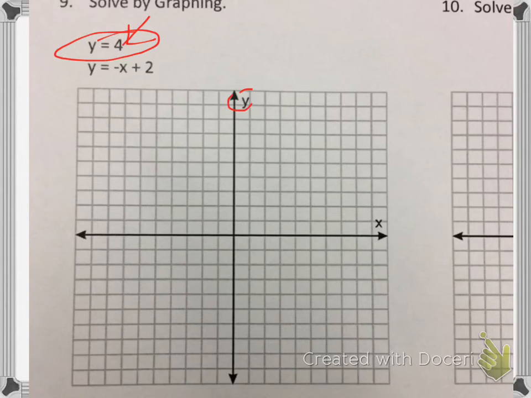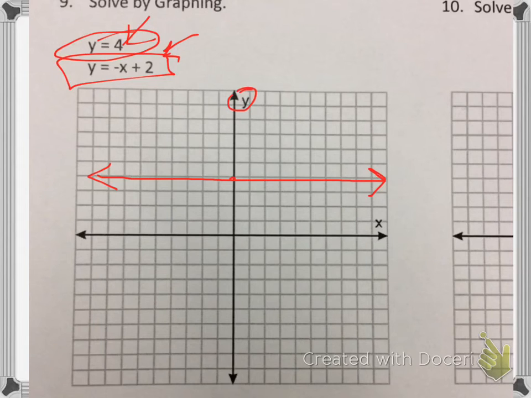Again, this is the y-axis up here, so 1, 2, 3, 4. So I'm right here on the y-axis. And from there, I know I'm going to have this horizontal line across because everywhere my y value has to be 4.